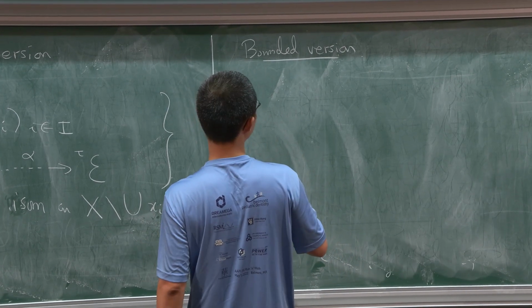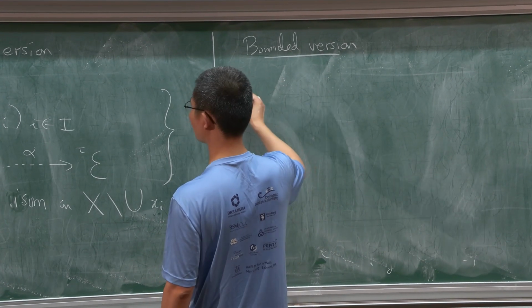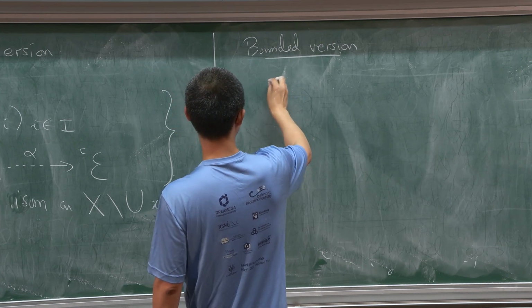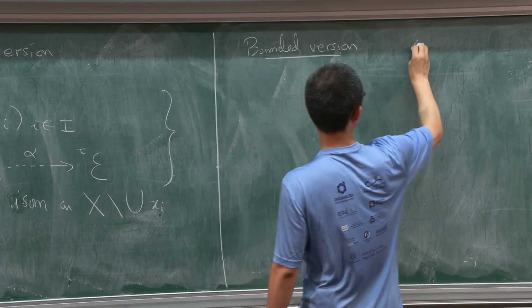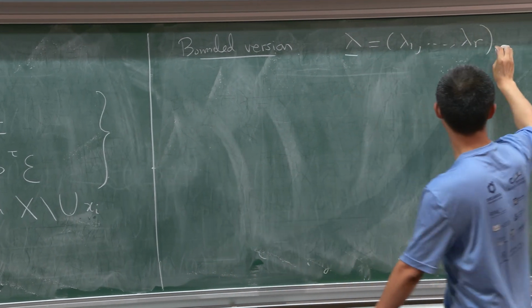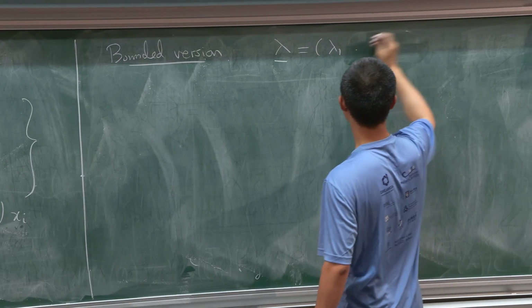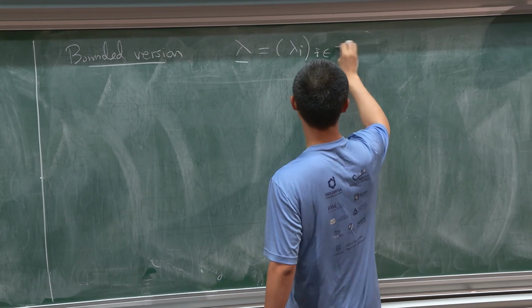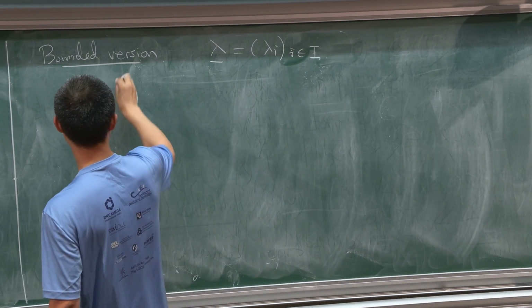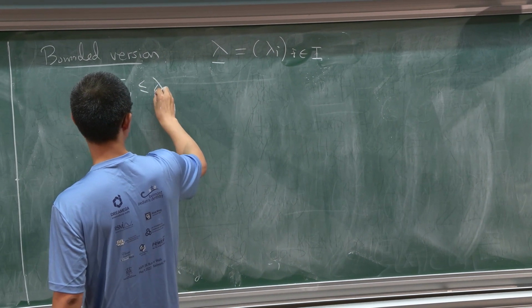Actually, this is not so important, but let's just give an ad hoc definition. I want to use the same data. Suppose I have a tuple of dominant co-weights. Now I want to define Shtuka I less than or equal to lambda.